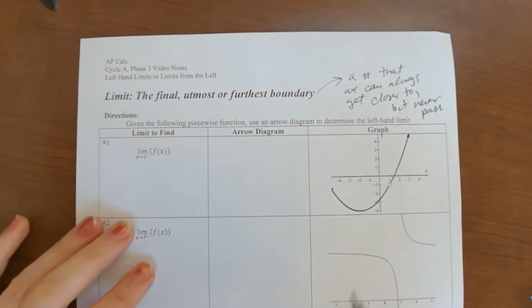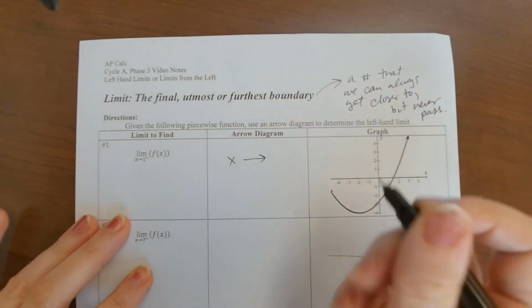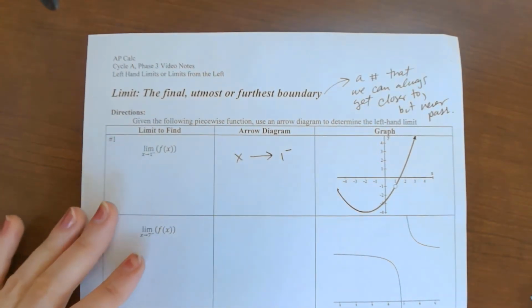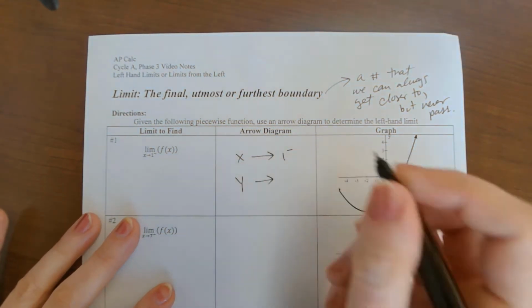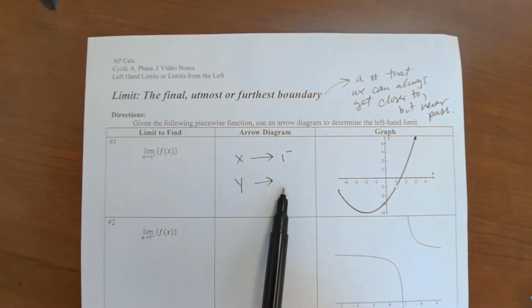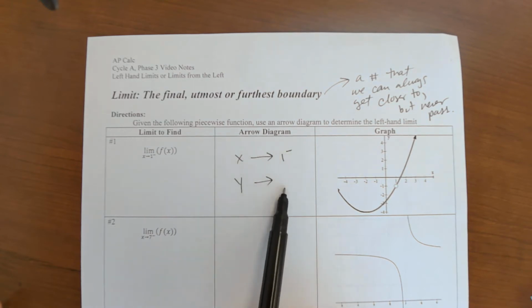The arrow diagram, you kind of already saw them last time, goes like this. As x approaches, in this case, 1 from the left, that's what that little negative up top means, then y approaches what? Whatever y approaches as x approaches 1 from the left, that is the limit.